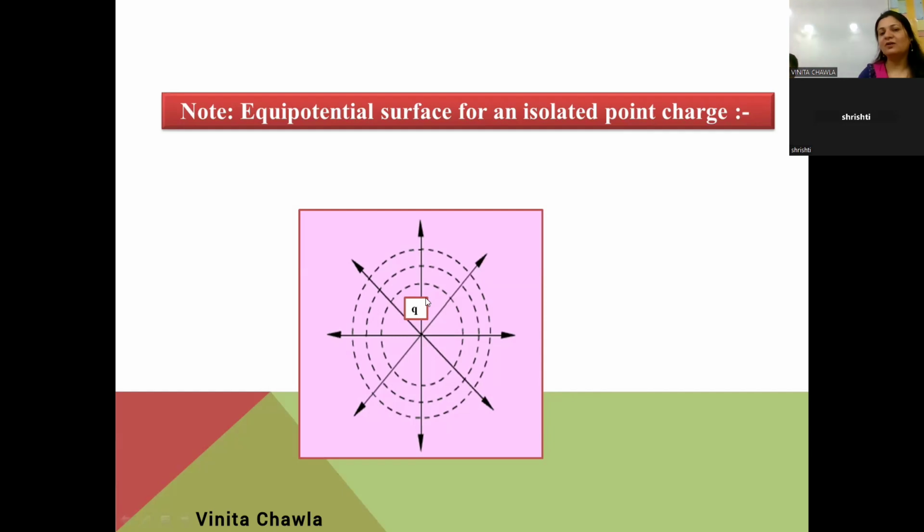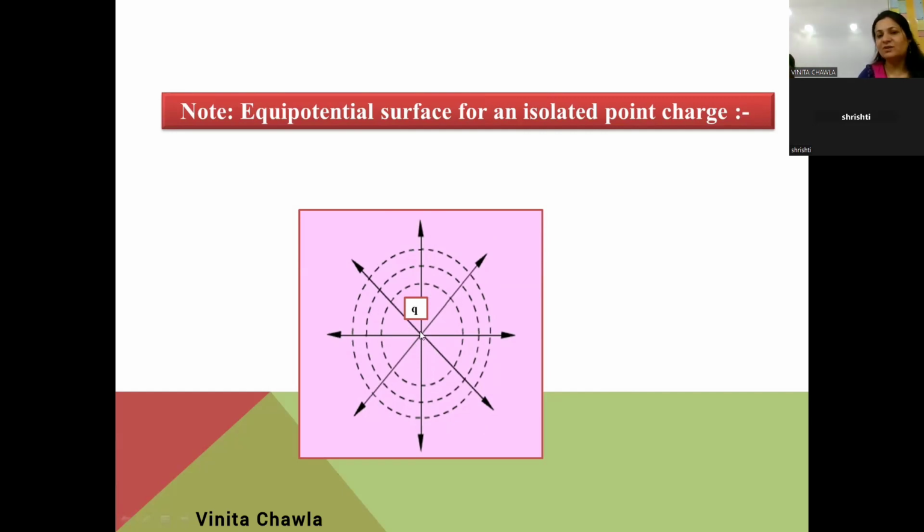When we draw electric lines of force for a positive charge, they are always directed away from the charge. So these solid lines with arrows represent the electric lines of force, and these dotted lines represent the equipotential surfaces.